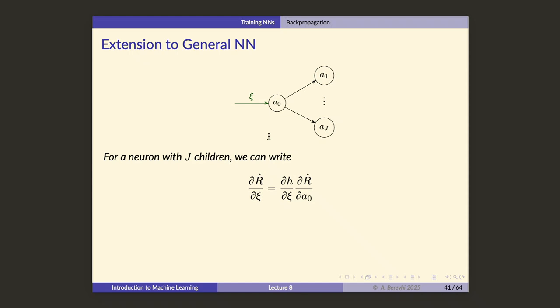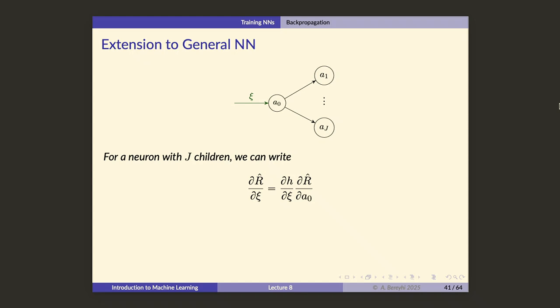So if you are in a general network and you have one particular node a0 being connected in the forward pass to a bunch of nodes here. So a0 here is going to be connected to neurons a1, a2 till aJ. So it has J different neurons. We usually call them children, okay? They are the children which are getting information from a0, right?